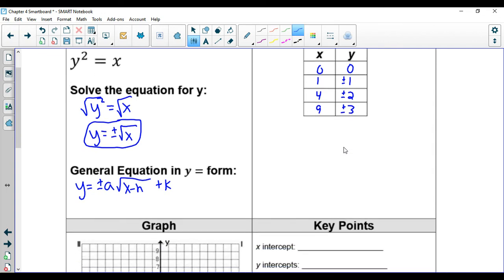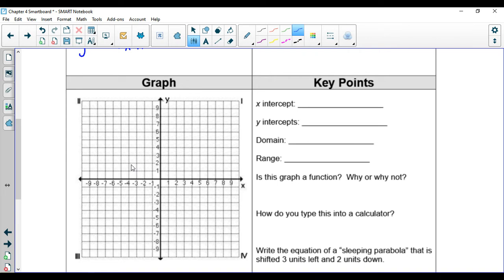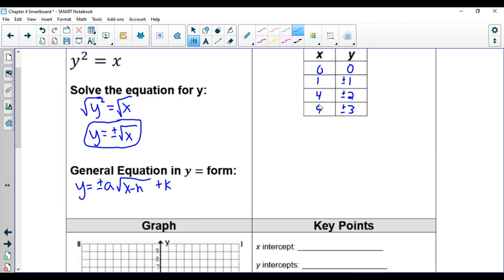So as we go to graph this, our first point would be 0, 0. I then have 1 positive 1, since I have 1 plus or minus 1. And again, that also means 1 negative 1. So I have 2 points for that. I then have 4 positive 2 and 4 negative 2. So again, it's 4 plus or minus 2.